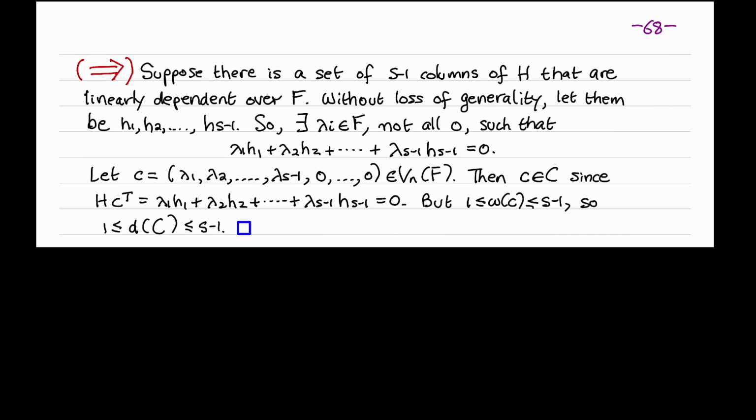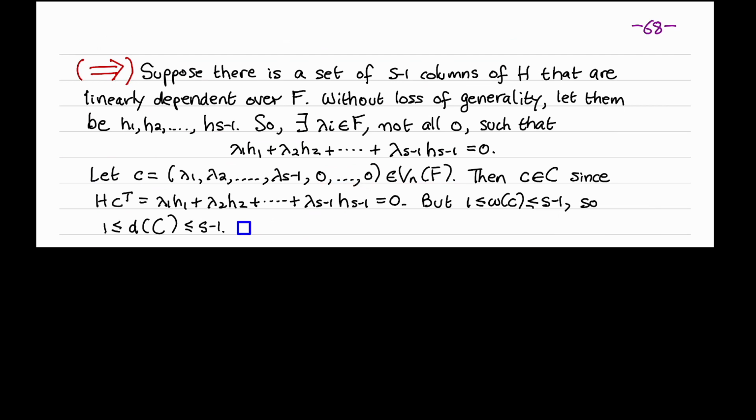Let's prove the converse. So suppose there is a set of s minus 1 columns of H that are linearly dependent over F. Without loss of generality, I'll let these be the first s minus 1 columns of H. So there exist scalars lambda i, not all 0, such that this non-trivial linear combination of the first s minus 1 columns of H gives a 0 vector. Now let c be the vector obtained by taking these s minus 1 scalars and filling out the vector with 0s to get a vector of length n.